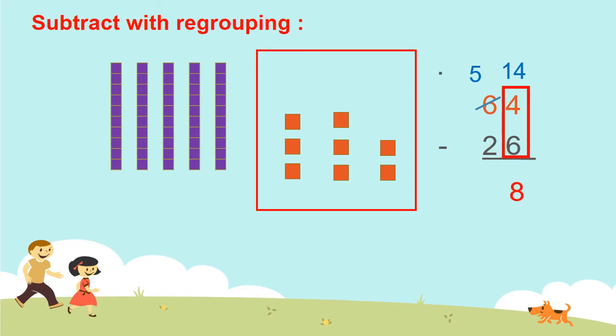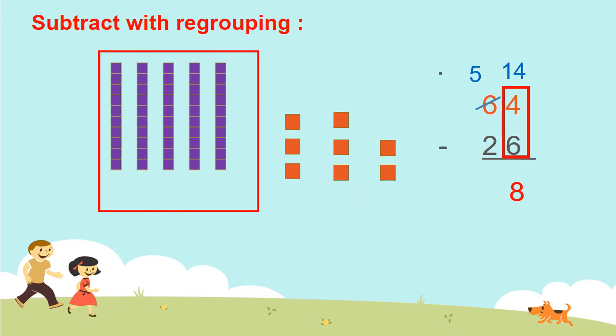Now I'm going to turn to the tens. Now I have how many tens? Because I took 1 from them, I had 6, I took 1 from them, so they became 5. Now, what am I going to do with the tens? I'm going to take away 2. So let's take away 2. So I took 2.